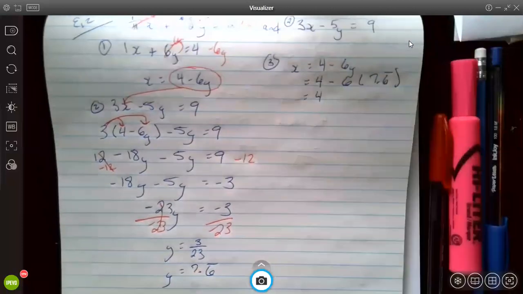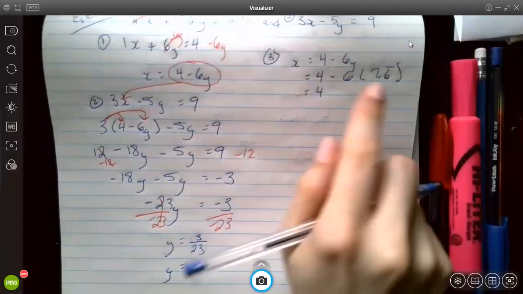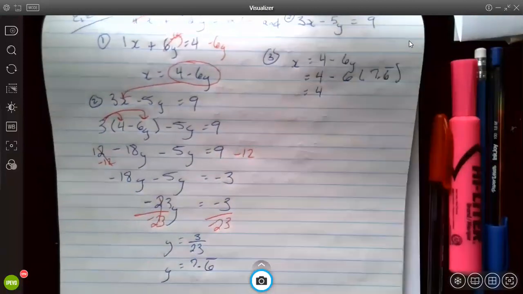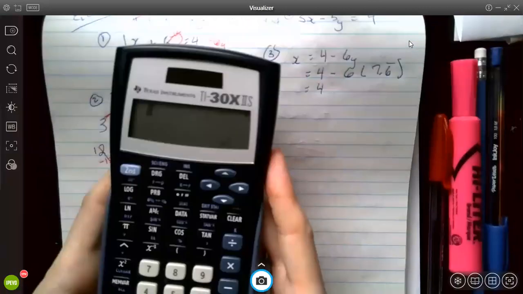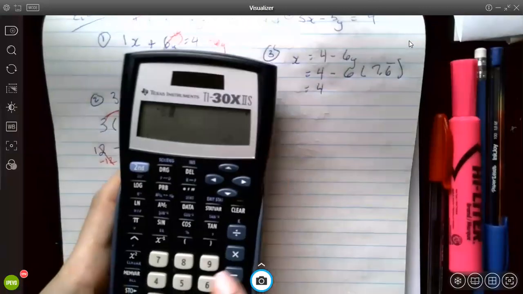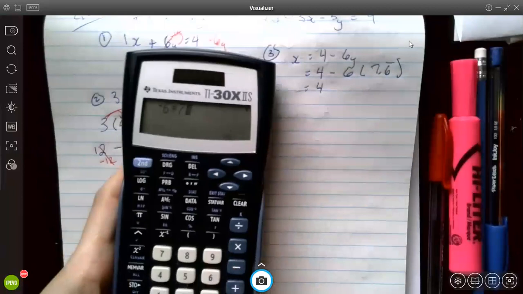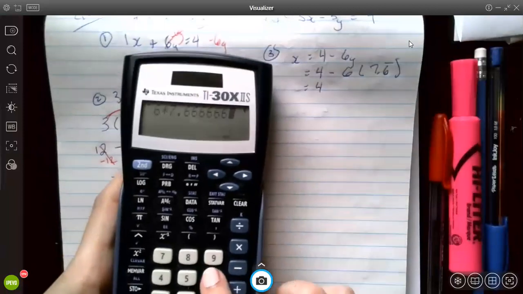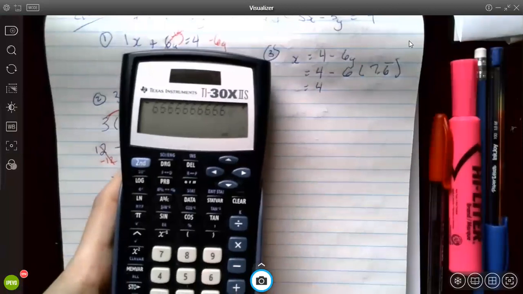The one thing you want to make sure of, if you're plugging it in like this, instead of like a fraction, make sure that you show that it's negative 6 times. Don't just put in a rounded decimal because you'll be off by a bit. Put in enough digits to show that the decimal is repeating.